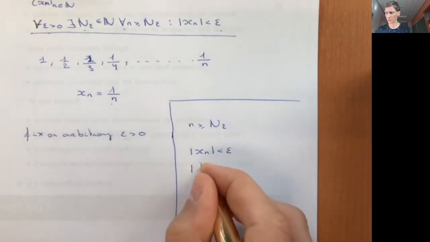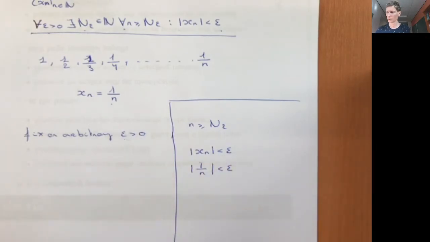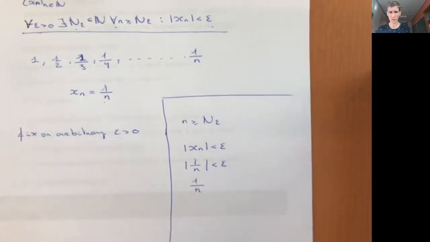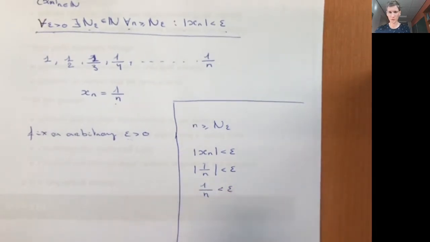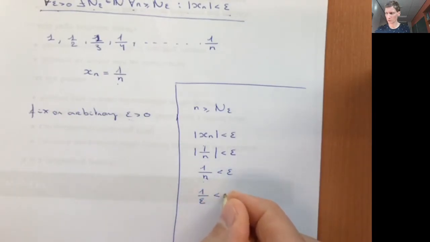So we have the absolute value of 1 over n has to be smaller than epsilon. The absolute value of 1 over n is simply 1 over n, and this has to be smaller than epsilon. If you bring n to the other side, since epsilon is strictly positive, we can bring it into the denominator. So we have that 1 over epsilon is smaller than small n.